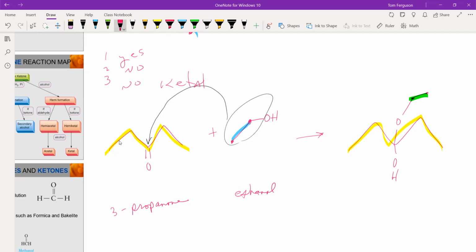And the first time through, we're going to get the hemi version. So we're starting with ketone and alcohol, and we're going to make a hemiketal to start with.